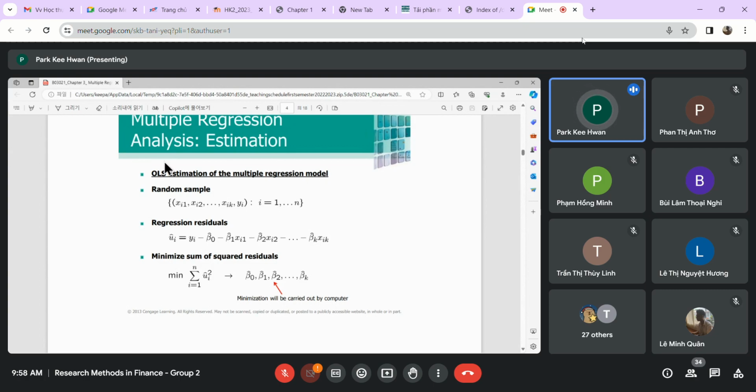how can we estimate the multiple regression model? In other words, how do we estimate the intercept and slope parameters? One way to estimate is the OLS methodology, we call it the ordinary least square method.